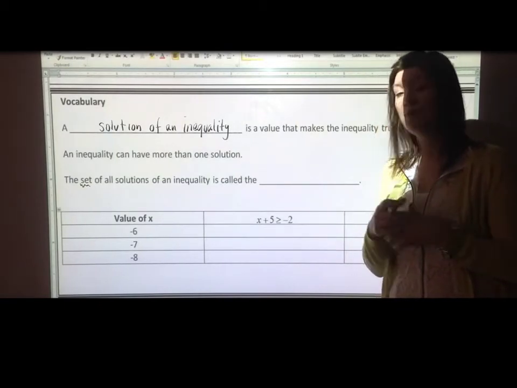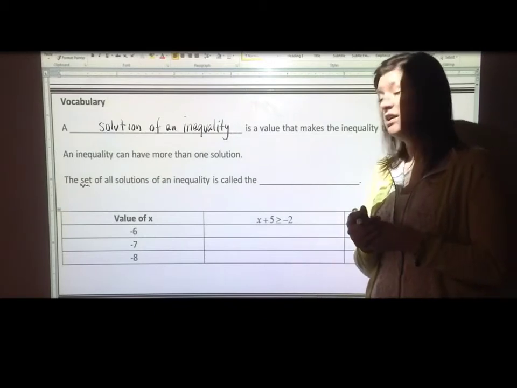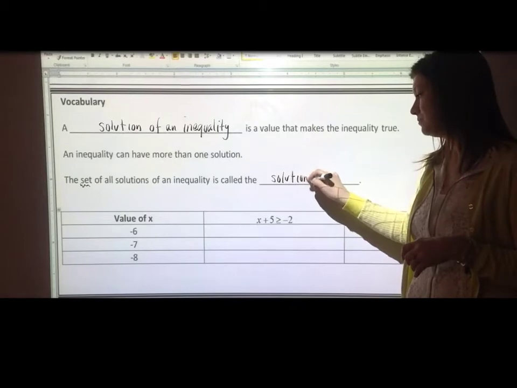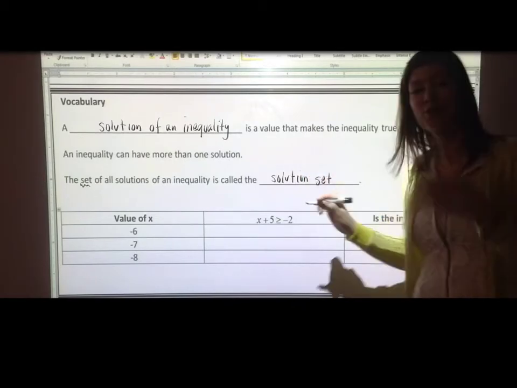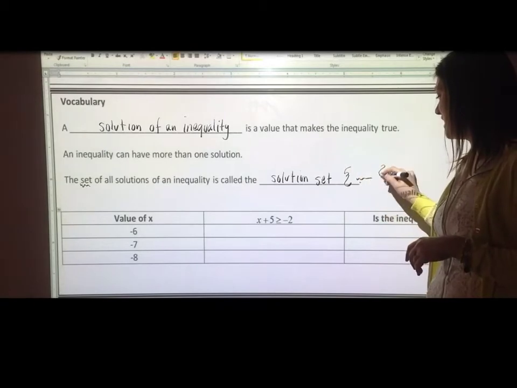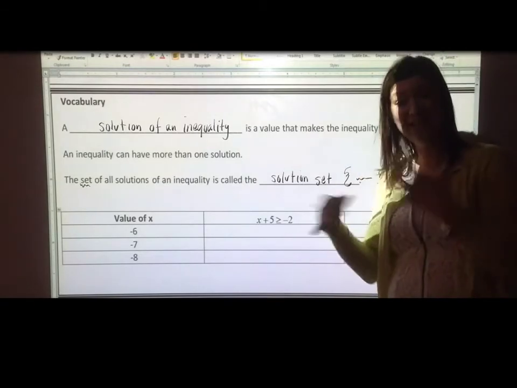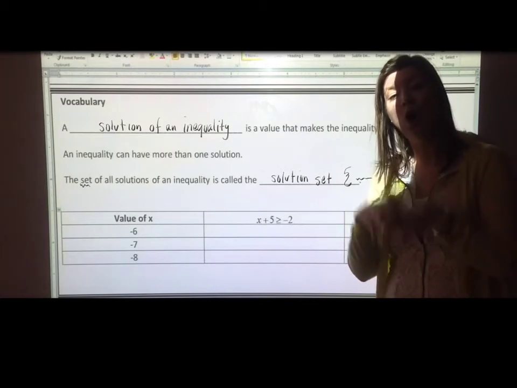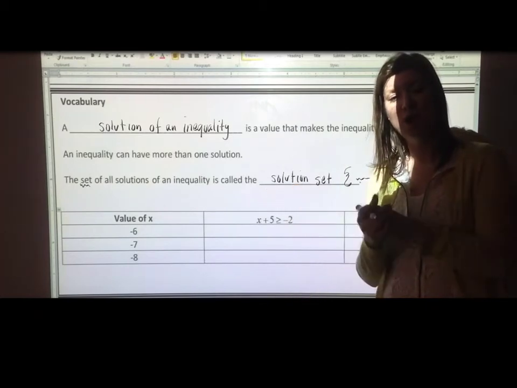The set of all solutions of an inequality is called the solution set. And if you remember correctly, remember how we used to put our answer inside set notation? We're going to keep that idea, and we're going to move forward with that set notation to show all the answers to our inequalities.